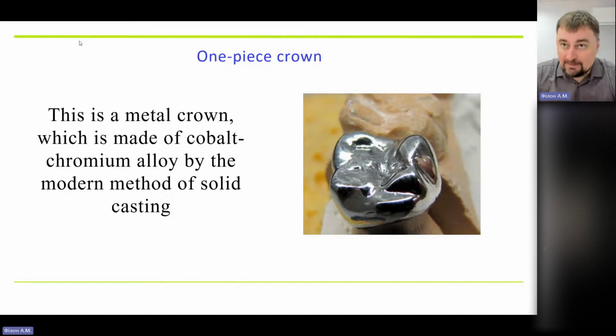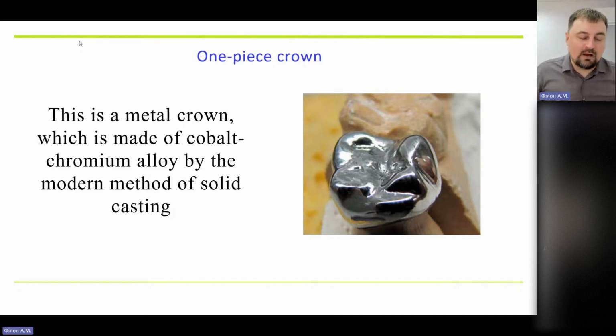And when we want to rebuild, remake clinical crowns, of course, we can use composite materials, but composite materials are not a good method when you have to remake more than 50% of the clinical crown.